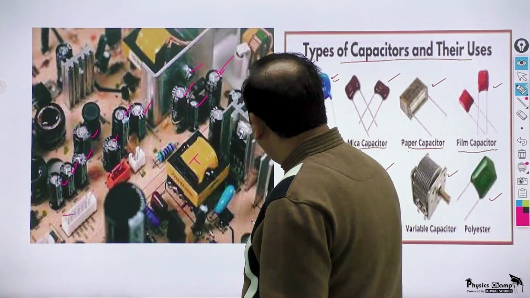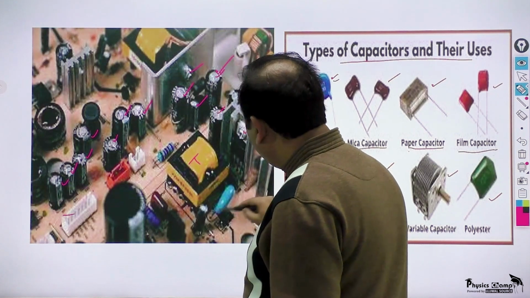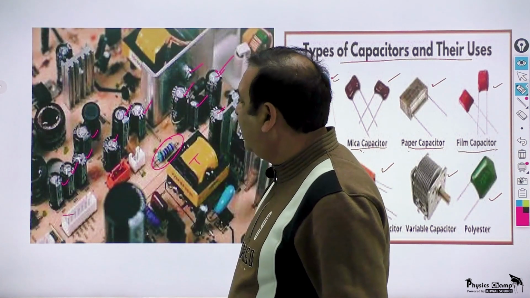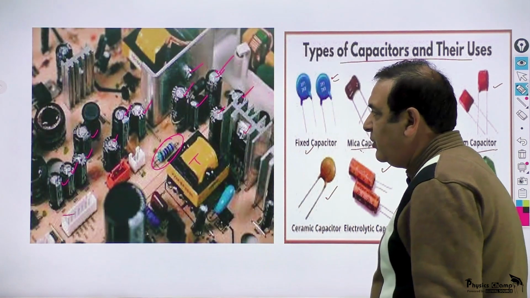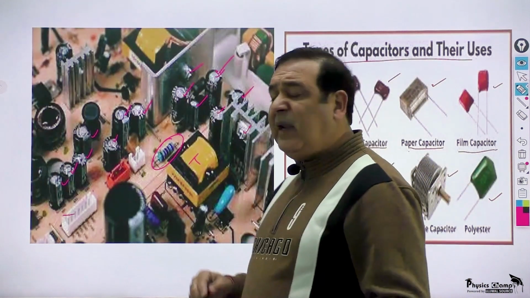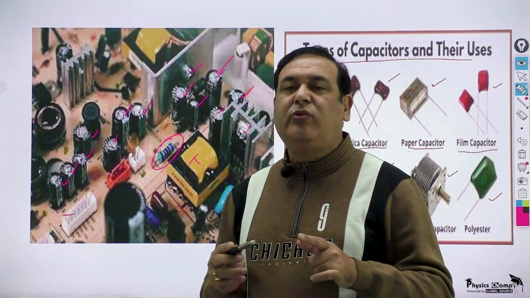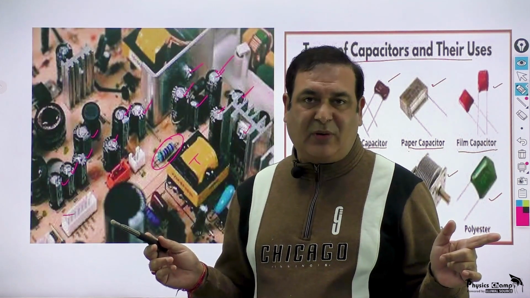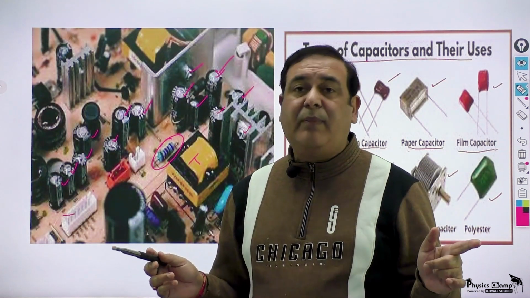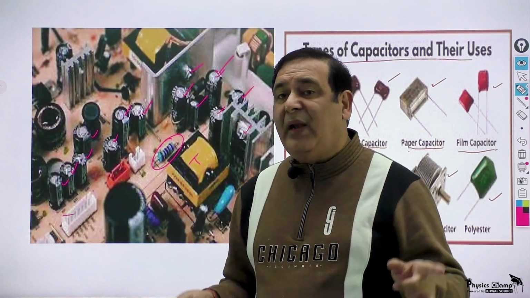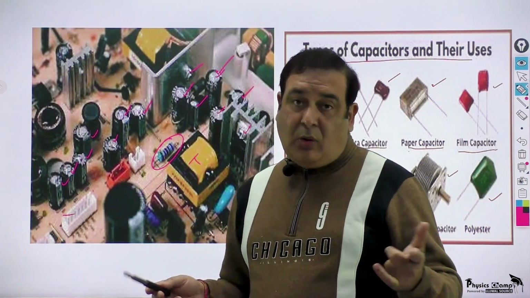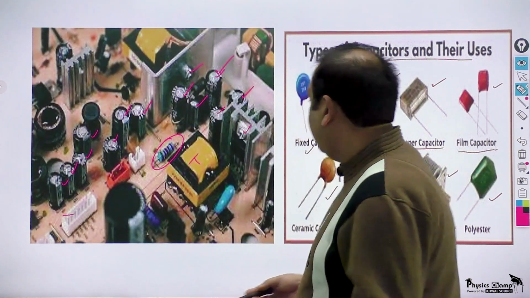These are all capacitors, and this is resistor that we are going to study in the next chapter. So any electronic circuit has got so many capacitors to be installed. So it's a very important component of any electronic circuit or even electrical circuit.